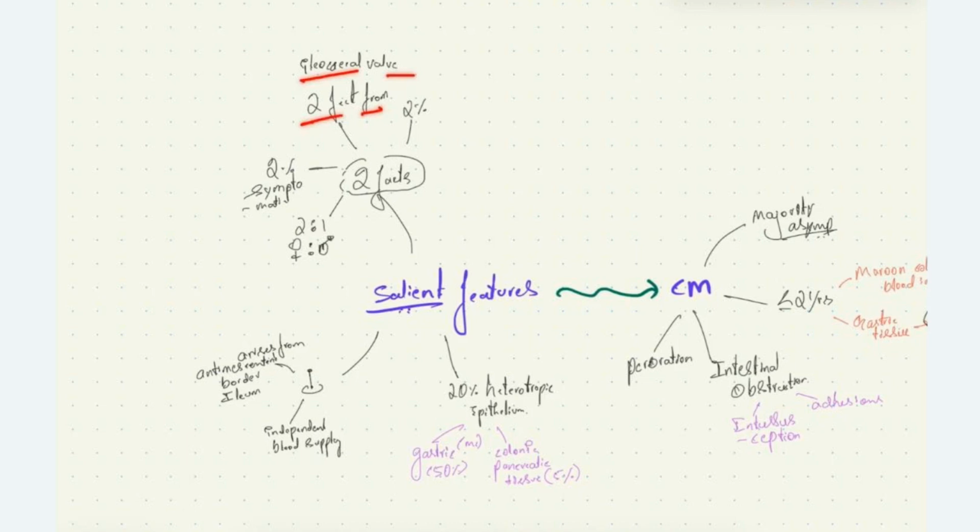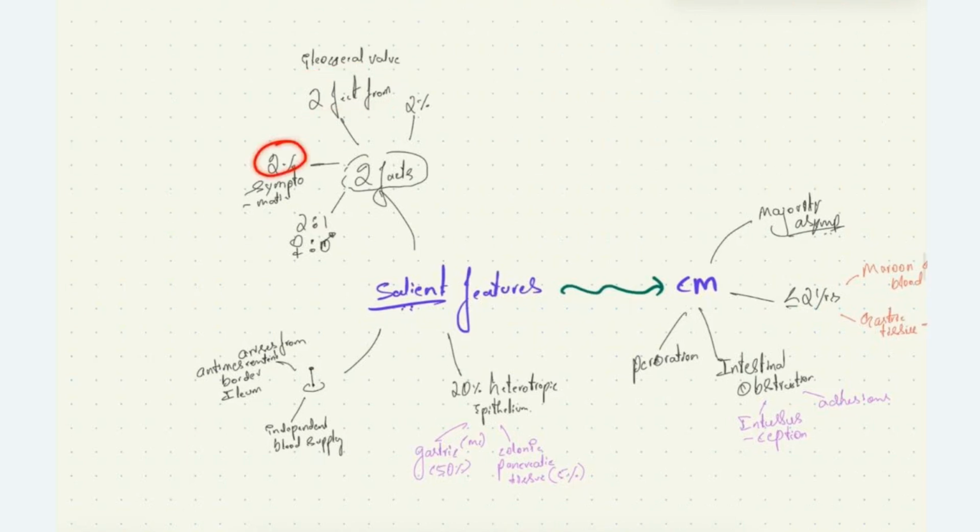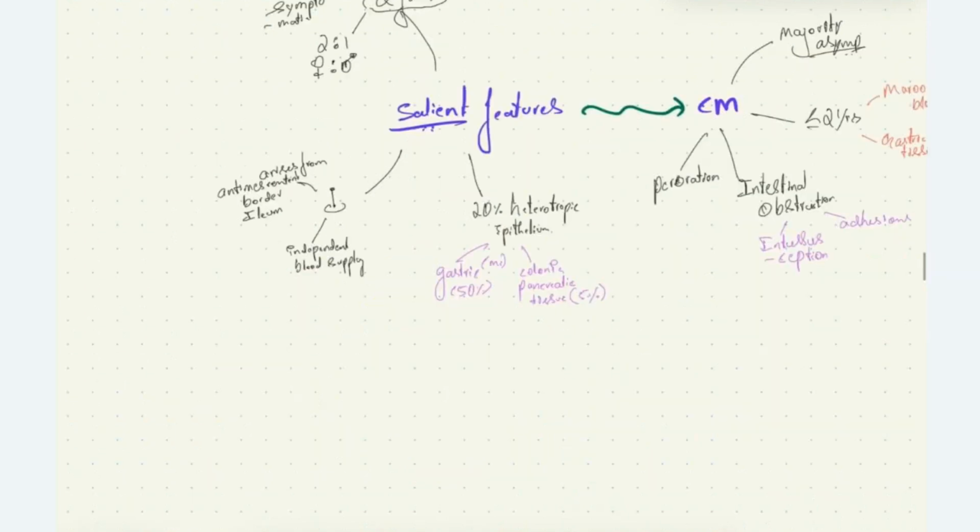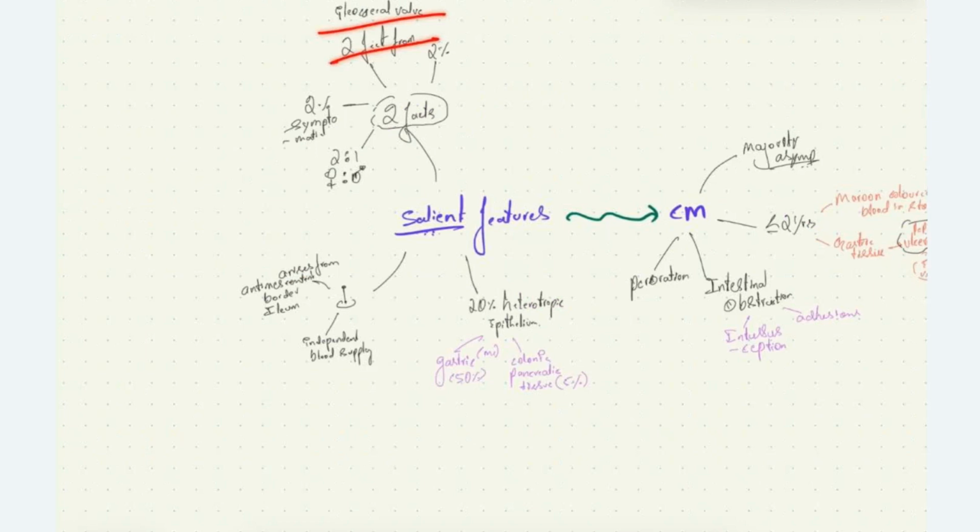Only 2% of patients with Meckel's diverticulum are symptomatic, and the female to male ratio is 2:1. Coming to the location, it arises from the antimesenteric border of the ileum, and it has an independent blood supply. As I already told, it is located 2 feet from the ileocecal valve.